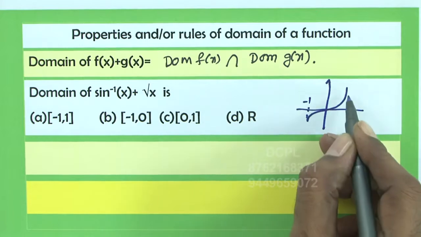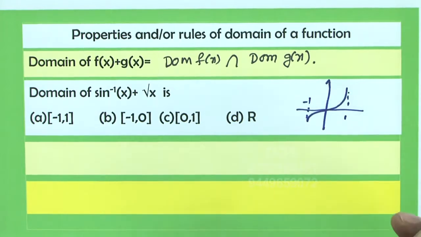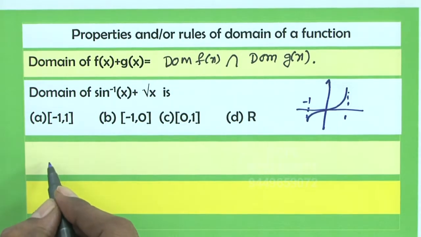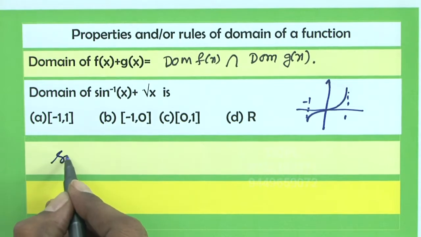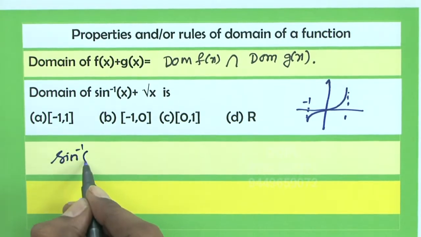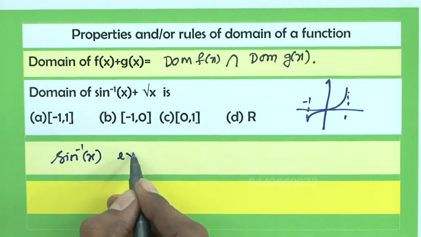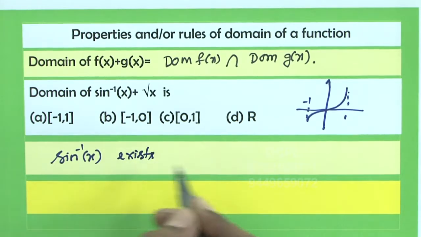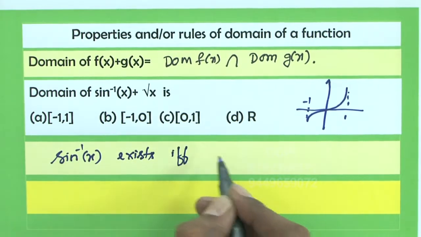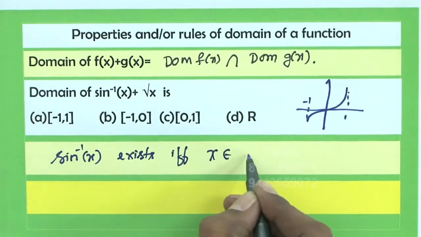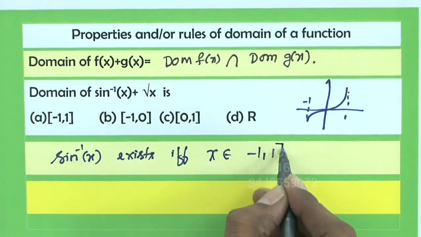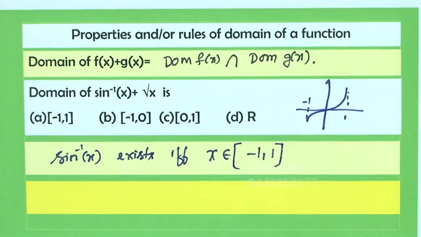It exists between -1 and +1. Therefore, sine inverse of x exists if and only if x belongs to -1 to +1, of course including both. That is the first part.